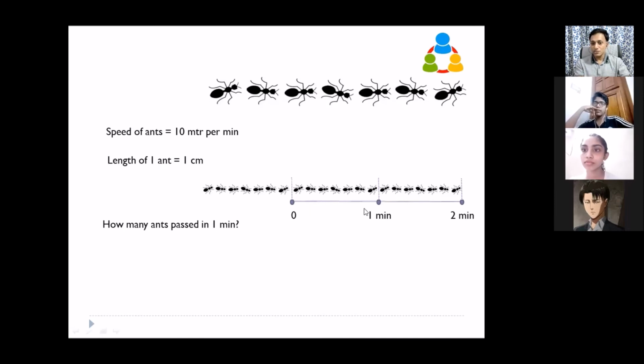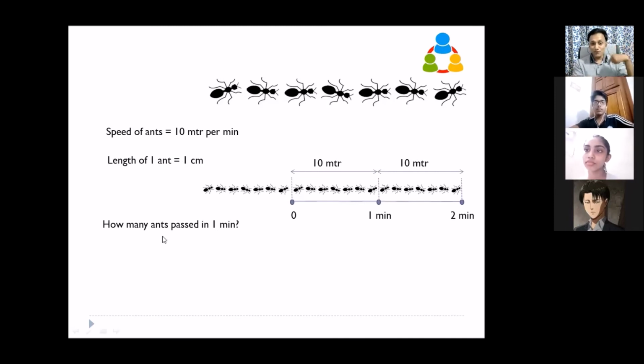So what is this distance? 10 meter. So that is what the speed means. Speed means in 1 minute, how much distance you travel. So if you are sitting here and measuring, this ant will reach here, the next ant will reach here, which means in 1 minute, this ant will reach 10 meter, and in the next minute, it will reach 10 more meter, right?